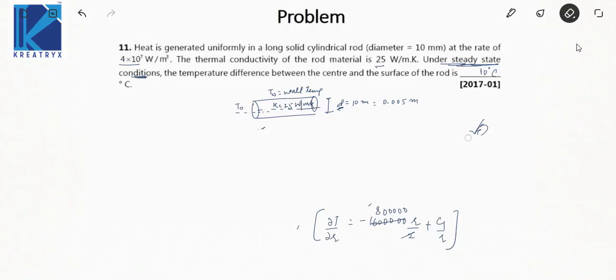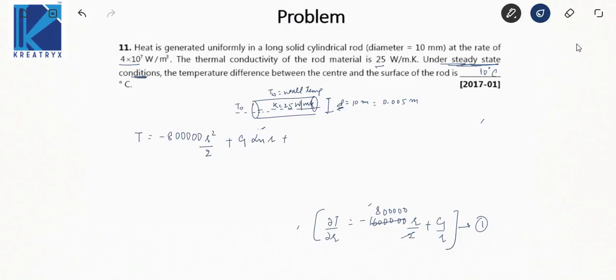Okay, again integrating this equation, it becomes T is equal to R square by 2 plus C1 ln R plus C2. Okay, let this be equation 2.